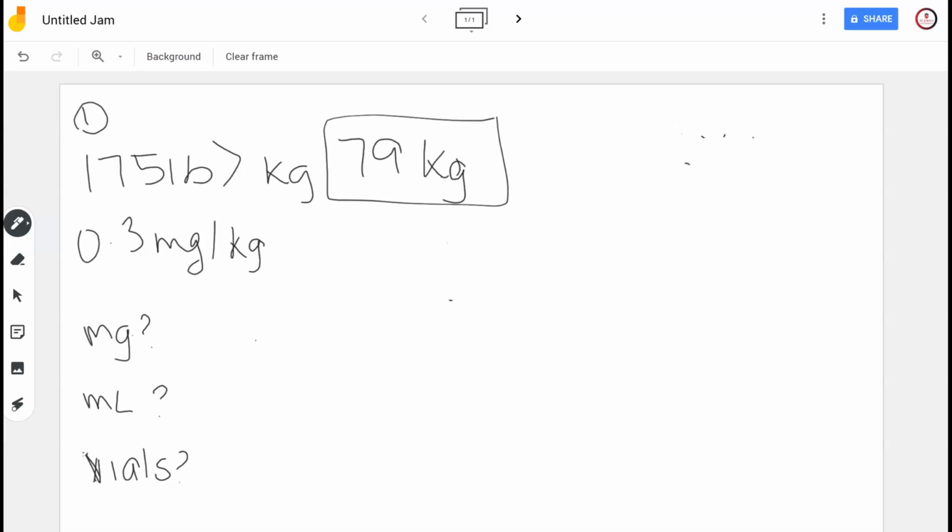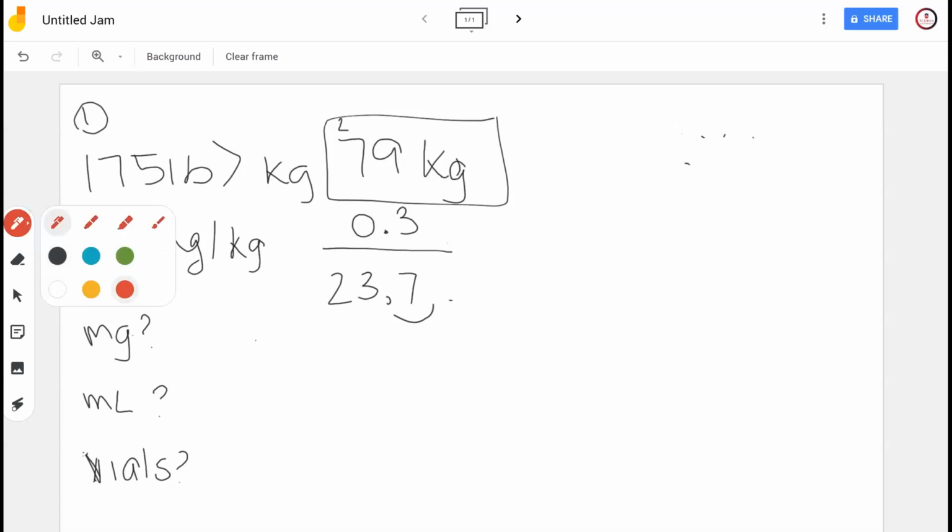That means to get your milligrams, you need to do 79 times 0.03. 27, 21, 23. And then you have to move your decimal point over 1. So you are going to use 23.7 milligrams.